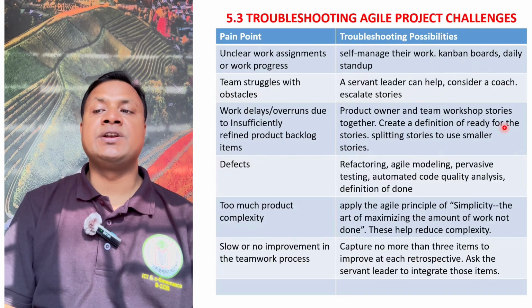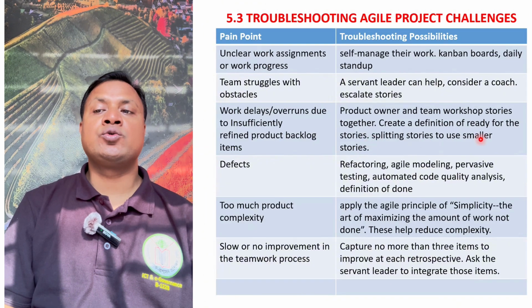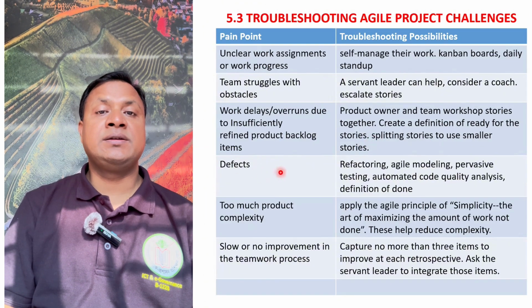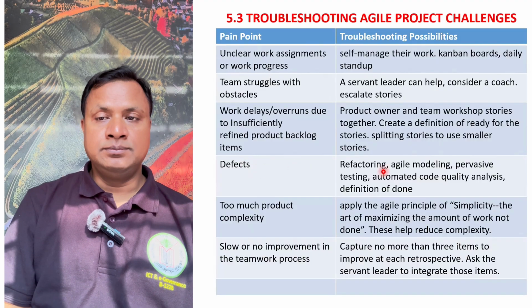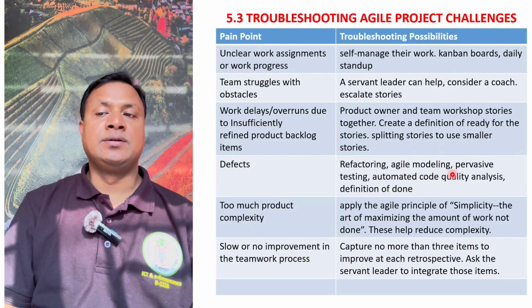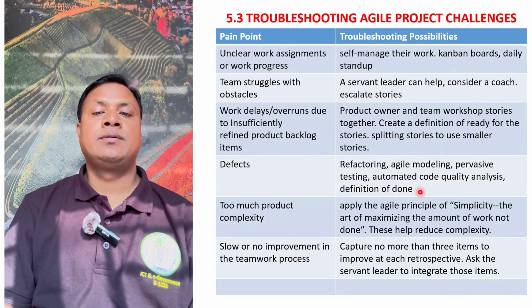Create a definition of ready, DoR, or definition of done for the stories. Split stories to use smaller stories. If you find defects in your process or product, you can do refactoring, agile modeling, pervasive testing, automated code quality analysis, definition of done.